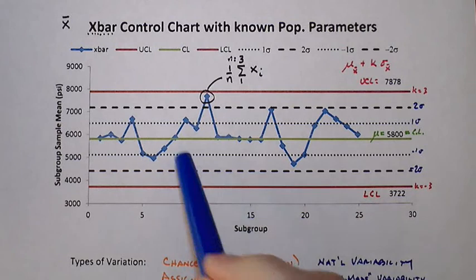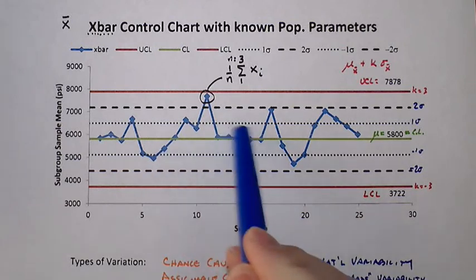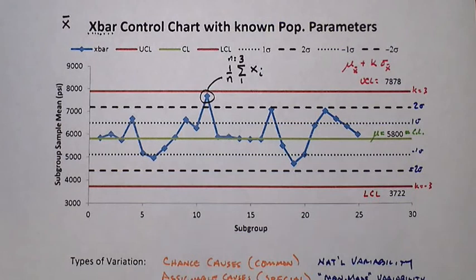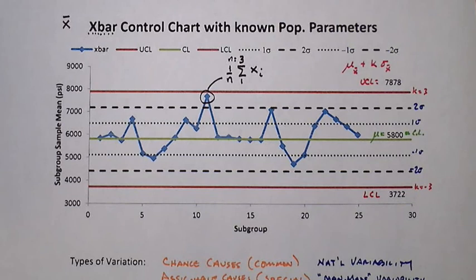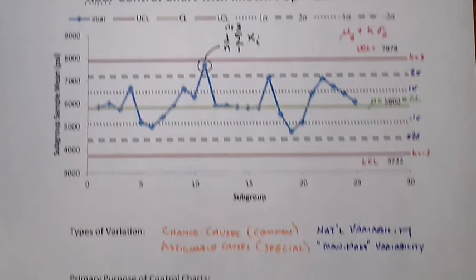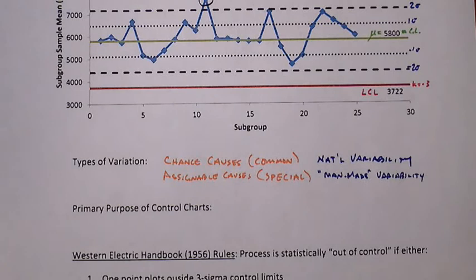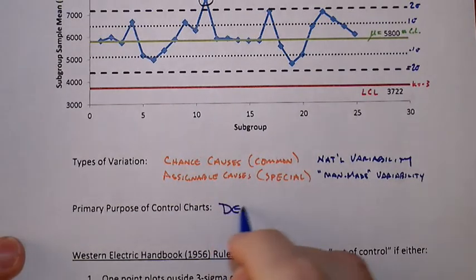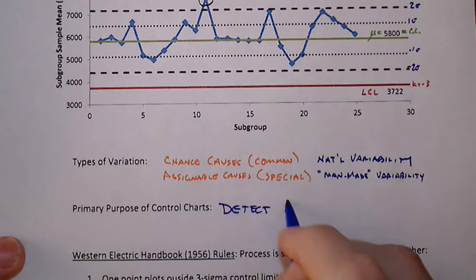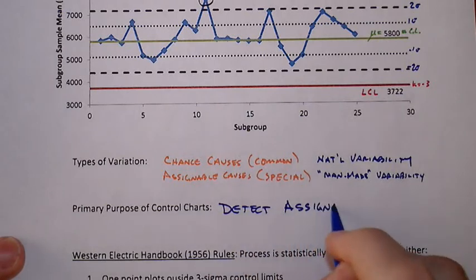And so we might see drifts and change of what's happening in our process mean simply by that's related to an assignable cause, and that's one of the big reasons that we want to use these control charts, to be able to detect the assignable or special causes.